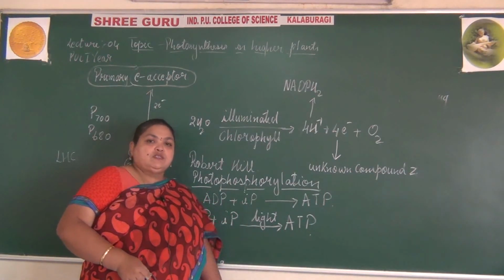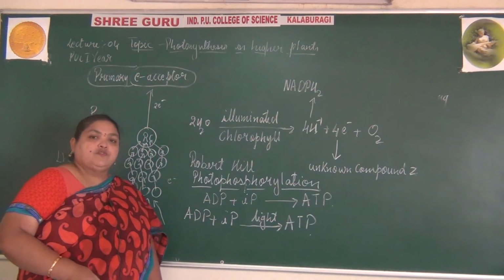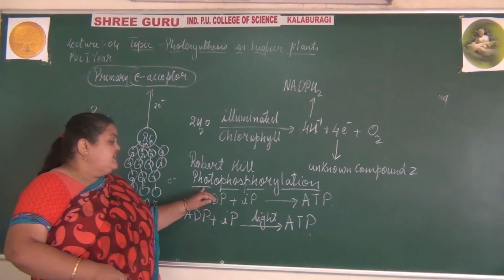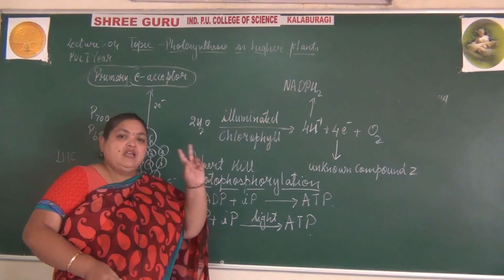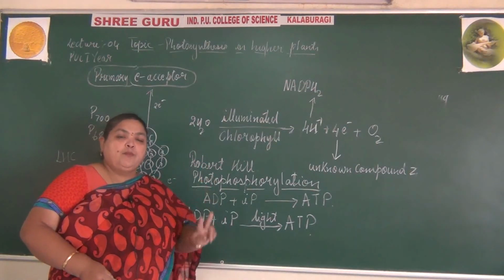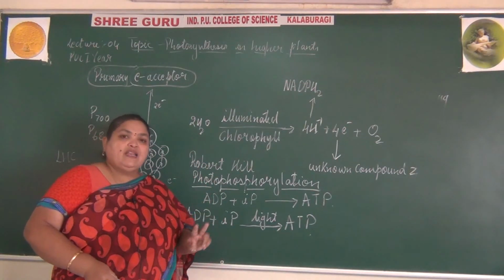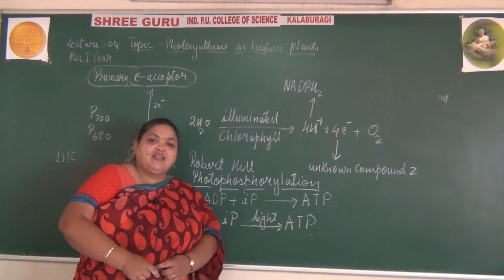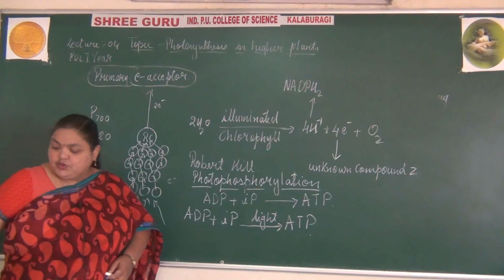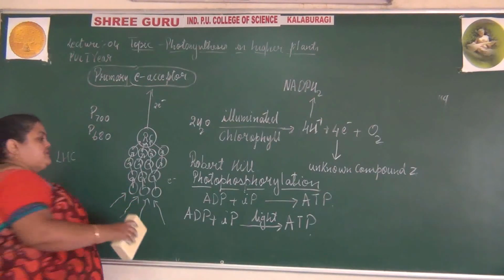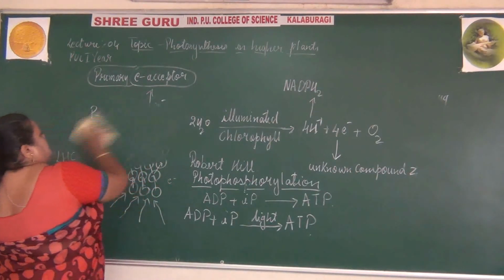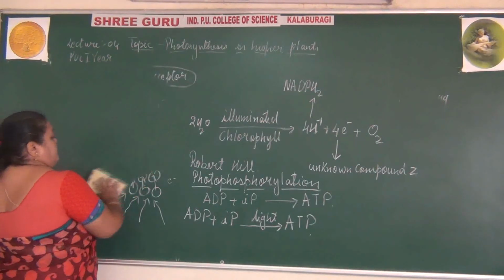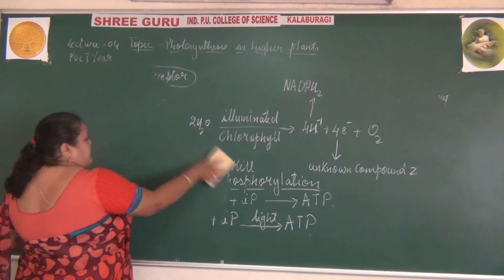So this process is called photophosphorylation. And in photophosphorylation, there are 2 important cycles. One is cyclic photophosphorylation and the other is non-cyclic photophosphorylation. First, we will go with the simple one, that is cyclic.